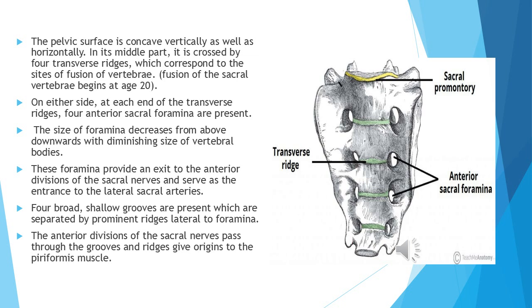At the end of these ridges you are identifying the anterior sacral foramina or pelvic foramina, which is for the passage of the anterior division of sacral nerves and lateral sacral arteries. Then the next thing to remember is that the piriformis muscle takes origin from this pelvic surface of the sacrum. These are the things we have to remember.